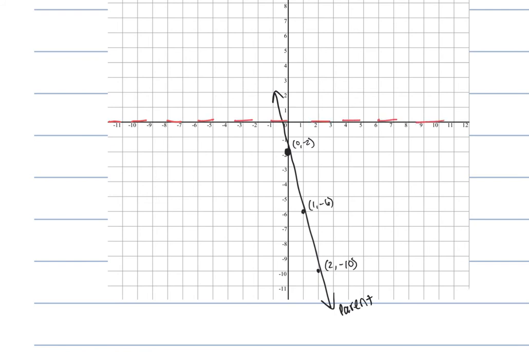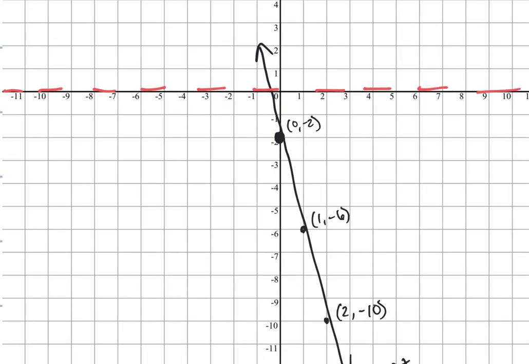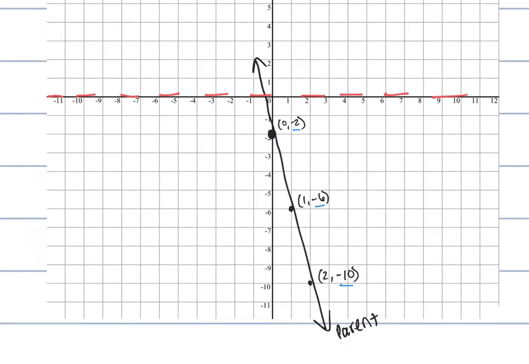Okay? If we are going to flip all of these points over this axis, right? What values are we going to change? The y or the x values? Emma? Y values, okay? We're going to make all of the y values change their sign, okay? So underline -2, -6, and -10, and just change them to positives.